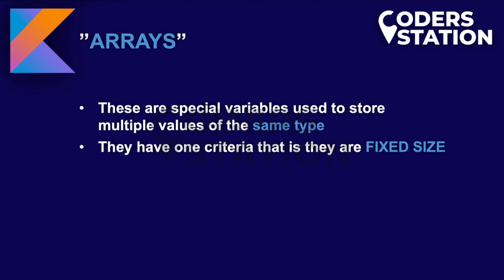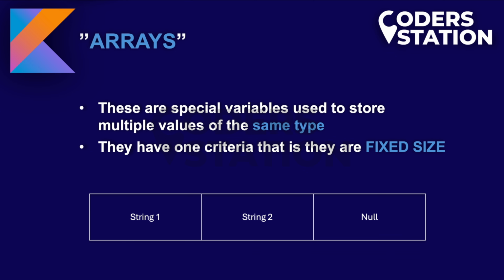That means if an array of string is created, then only string values can be stored, whereas if an array of integer is created, only integer values are stored. But even though it has these drawbacks, it is very useful as we can store multiple values inside a single variable.